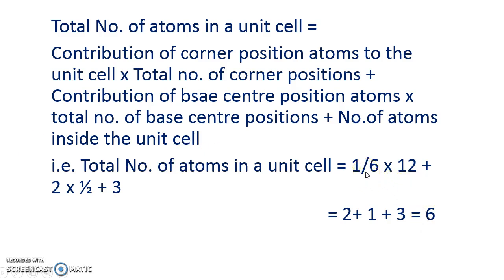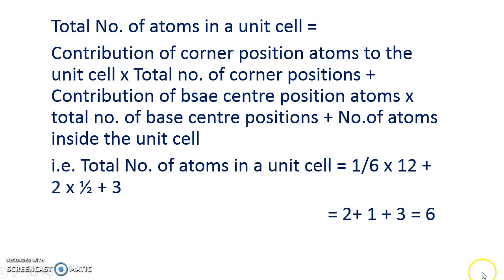Now we know that this can be calculated simply. Contribution of corner positions is 1 by 6. So here we have 1 by 6 into total number of corners, 12, plus the contribution of base centered position atom, which is 1/2, into total number of base centered positions, which is 2, plus 3, which represents the total number of atoms present inside the unit cell.